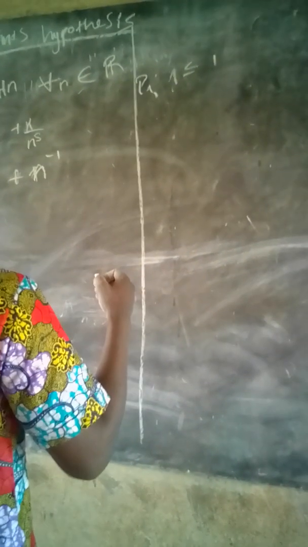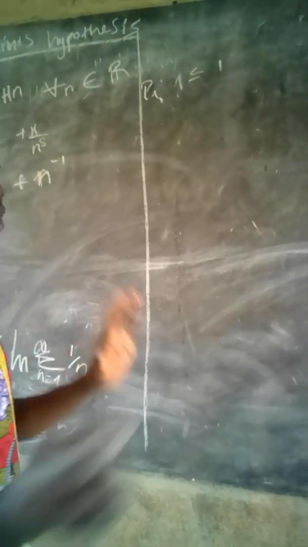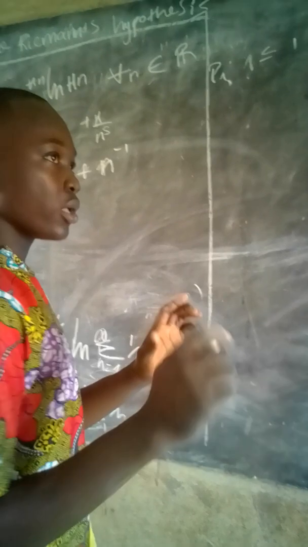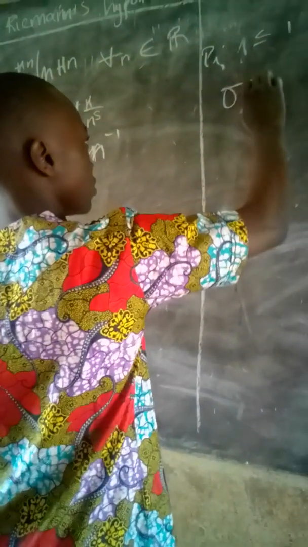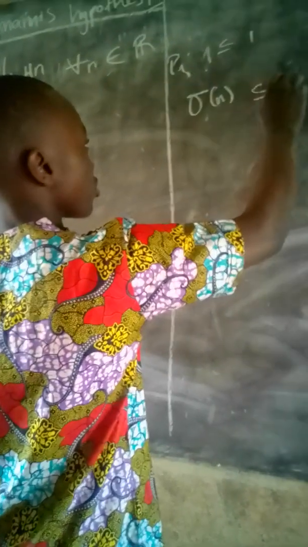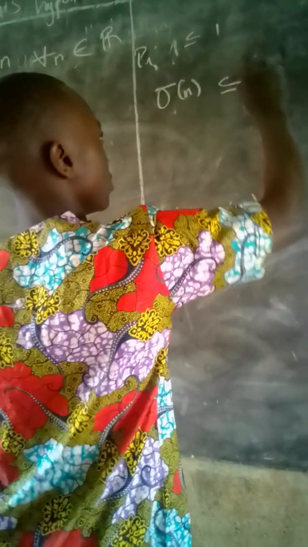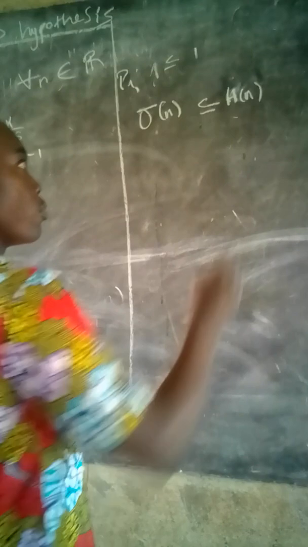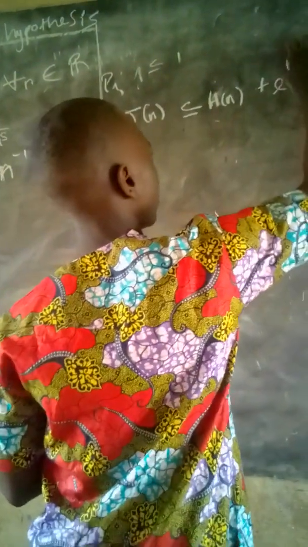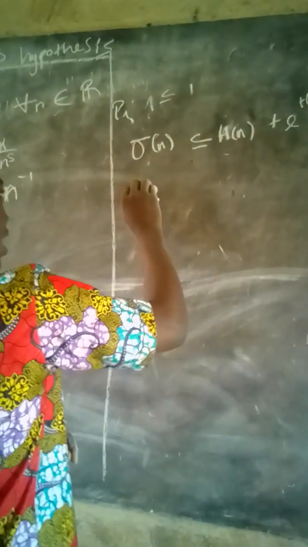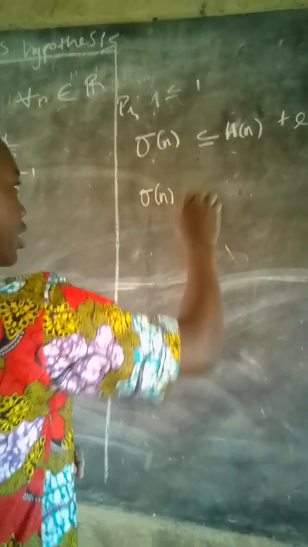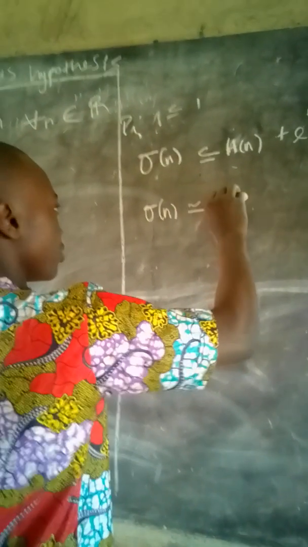Now, let us try to bring out small knowledge here. Now, you have sigma n less or equal to Hn plus e to the power Hn ln of Hn. Now, sigma n is almost the same as Hn from our summation.